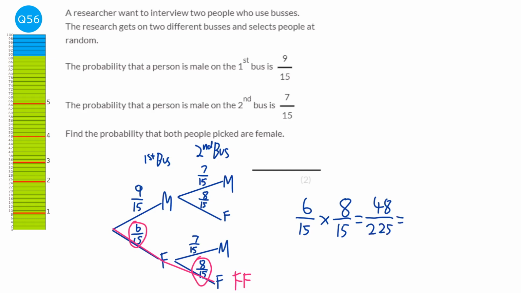Now you can actually cancel that down. You can divide top and bottom by 3, and that would be 16 over 75. So either 48 over 225 or 16 over 75.